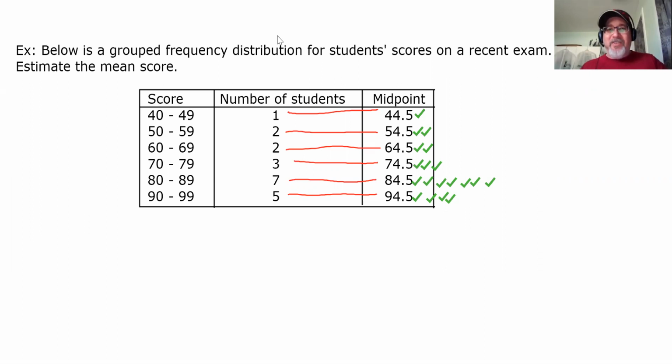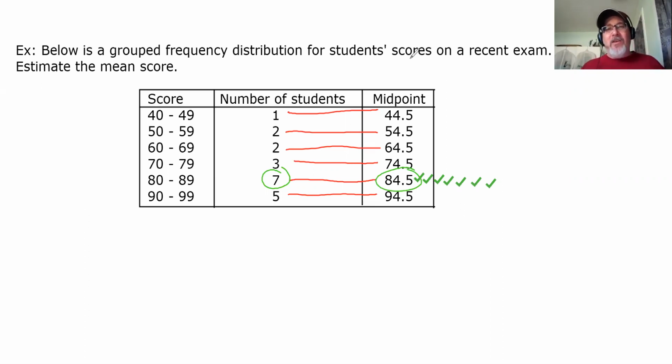For example, take the ones in the 80s. Take these 7 scores. Remember, there were 7 people in that group. And we're assuming each one made 84.5. So when we're calculating the mean, we would add 84.5 7 times.